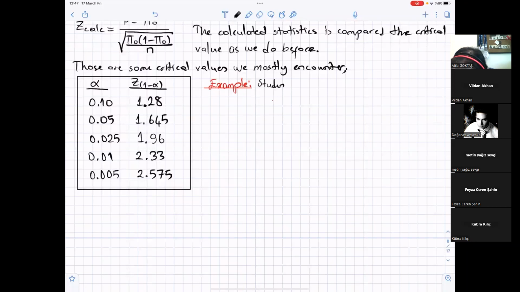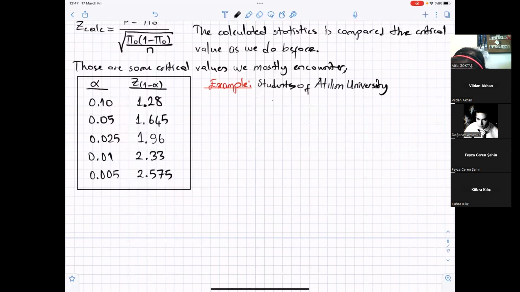Students of Athlone University prefer using iPhone more than 20%.